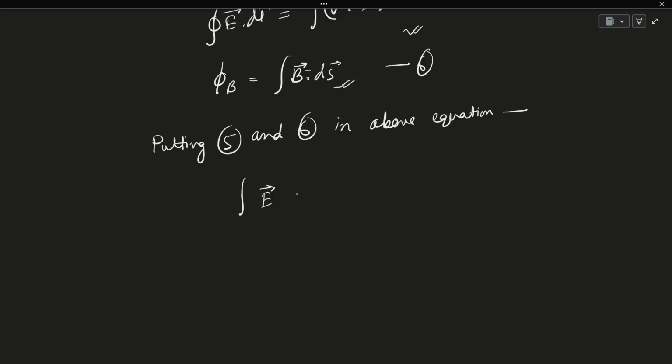So the integration of (∇×E)·ds will be equal to minus d/dt of the integration of B·ds, right?